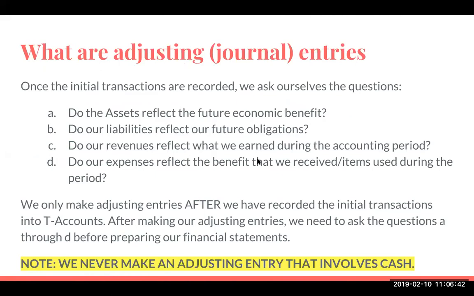When we're doing adjusting journal entries, we always want to ask ourselves these questions. Once the initial transactions are recorded, and here for the equipment, what's very important is: do the assets reflect the future economic benefit?